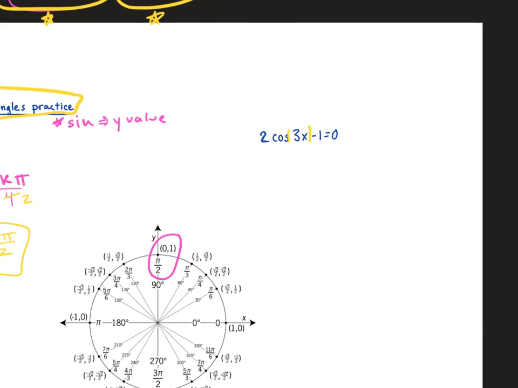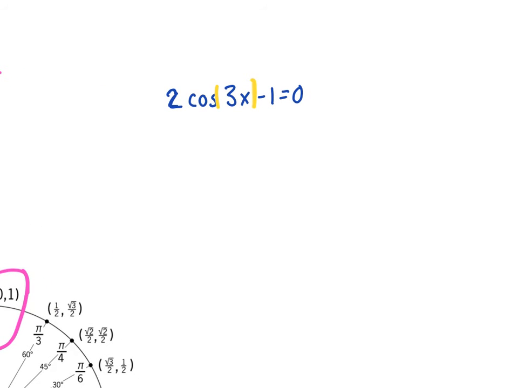Okay, so again, we have a problem with multiple angles because we have that 3x there. So we need to isolate the cosine 3x. So what can we do? Add the 1 first. So we have 2 cosine 3x is equal to 1, and then divide by 2.